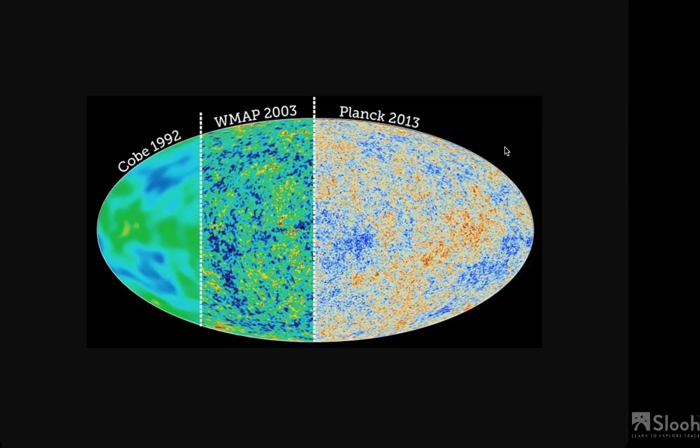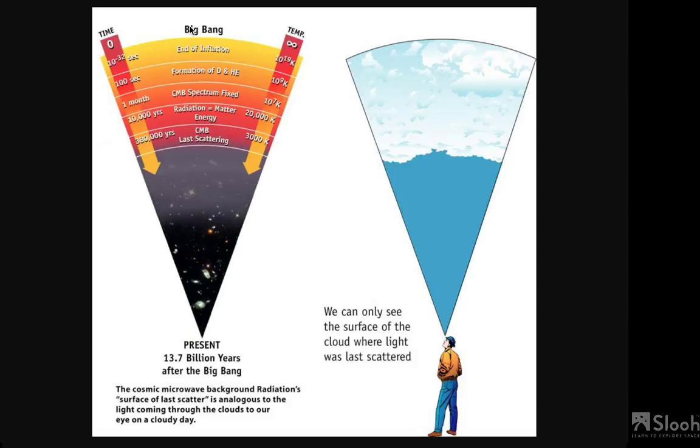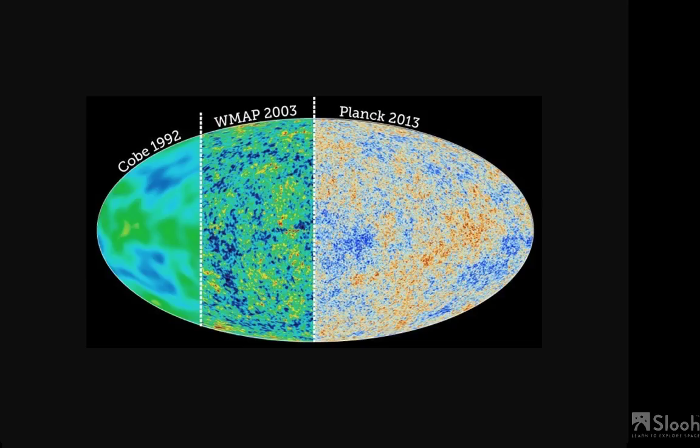We can measure the basic parameters of the Big Bang theory. And by studying detailed properties of this radiation, we can learn about conditions in the universe on very large scales and at really early times, because this radiation has traveled over such a large distance to get to us.